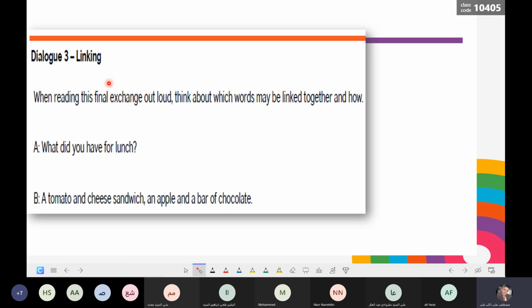We need to link words here if it is possible. And also, a tomato and cheese sandwich, an apple, and a bar of chocolate. So we need to look at these two sentences, and decide if any linking could be done here.